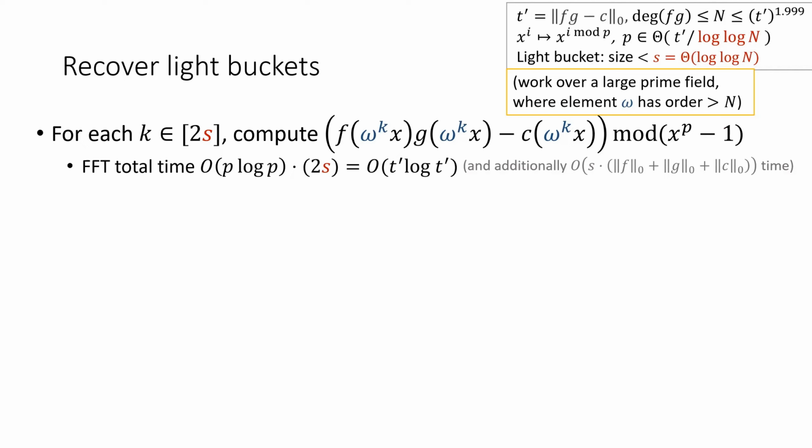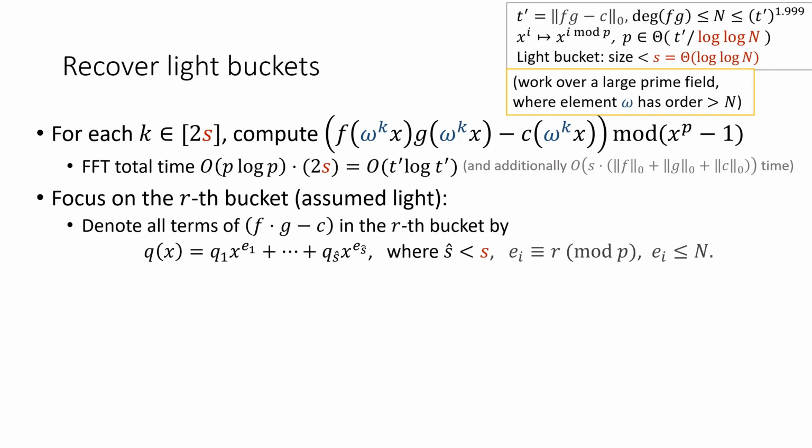The total time for computing these polynomials using FFT is p log p times 2s, which is still order t prime log t prime. We also additionally pay an extra s factor in front of the input size, but it turns out to be fine. Now let's focus on the rth bucket, and let's assume it's a light bucket.